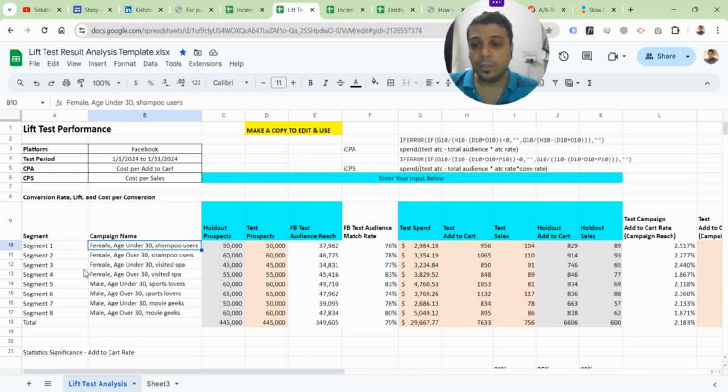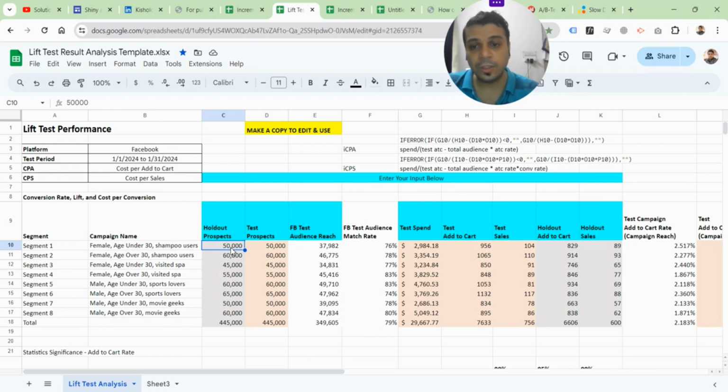So the relevant segments in this case would be females, with a fixed age range, under 30, and then the variation happened in terms of age as well, under 30 and over 30, and also the interests. They could have been interested in visiting spas, they might have been shampoo users, sports lovers or movie geeks. So different kinds of segments that I've tested collectively.